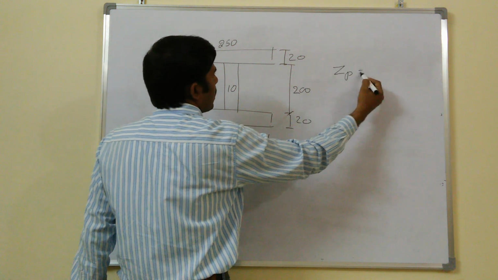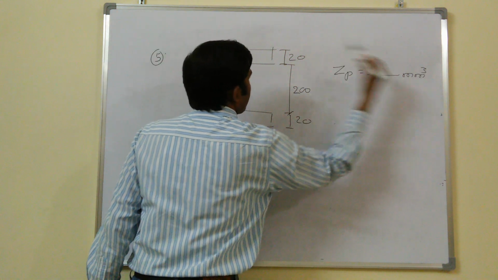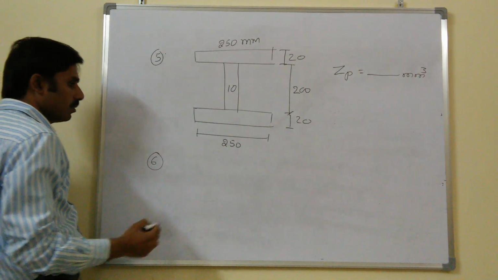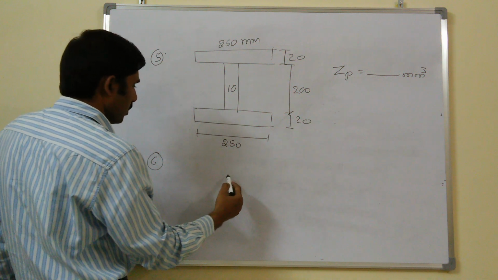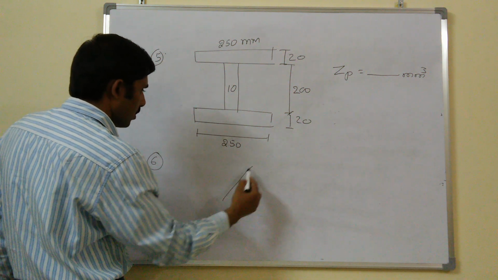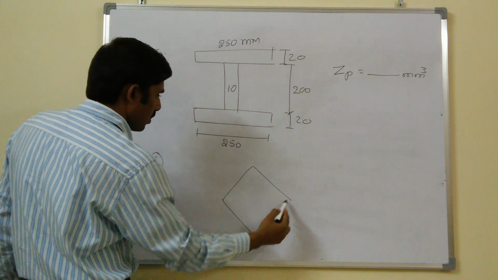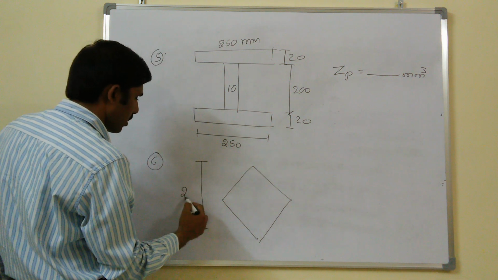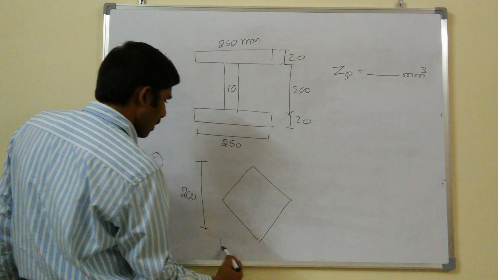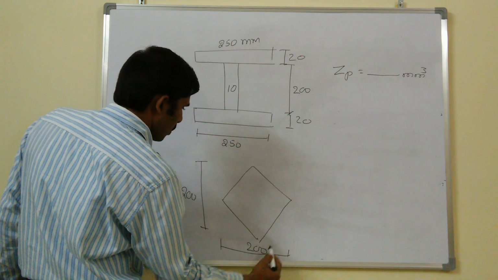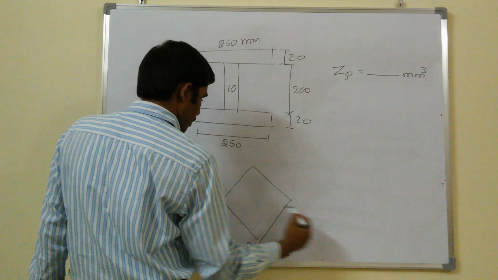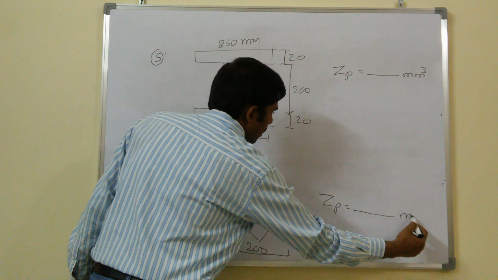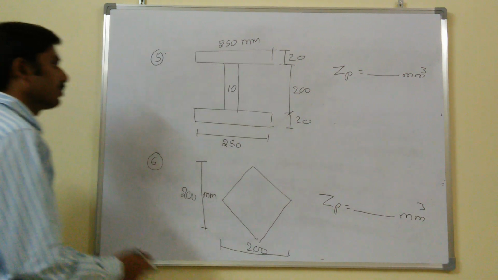All are in mm. ZP equals dash mm cube. Sixth one, diamond having diagonals 200 by 200 mm. Find ZP in mm cube.